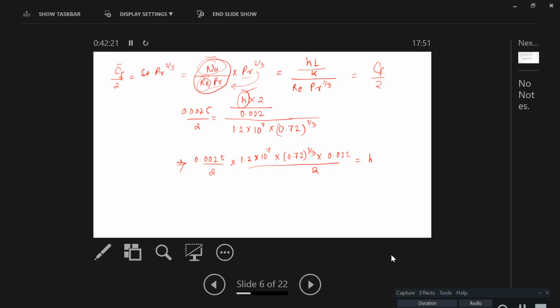So please calculate how much is h from here.